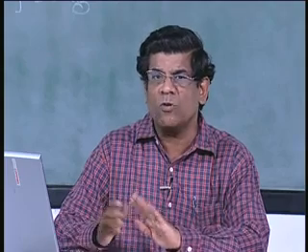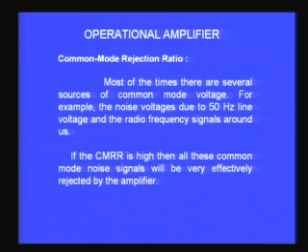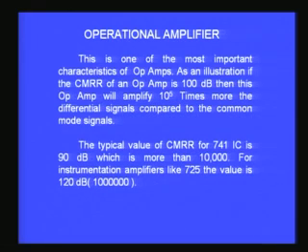All the signals which are common to the two input terminals are basically the noise voltages all around us, and therefore you would find it has very good noise rejection characteristics. What you get at the output will correspond only to the signal in which you are interested. So, that is the reason why CMRR is a very, very important characteristic of any differential amplifier and in particular an operational amplifier.